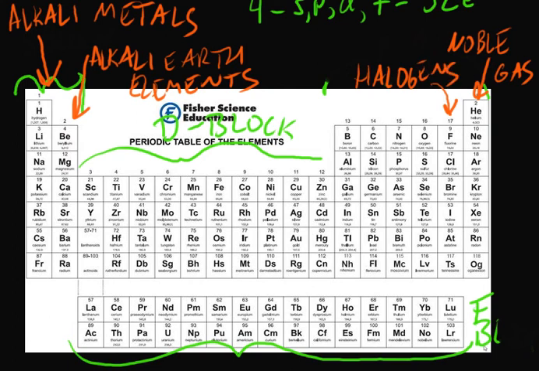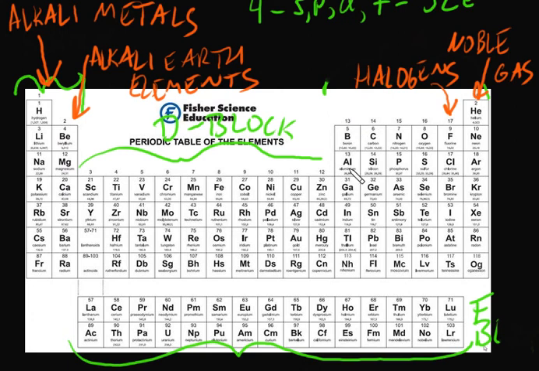So groups have similar reactivity because they have similar electron arrangements. So in the book, you learn about valence electrons, the electrons on the outside, and basically that is what gives these similar reactivity. Group 1A, or 1 on this periodic table, they all have one valence electron. Group 2, or 2A, has two valence electrons.